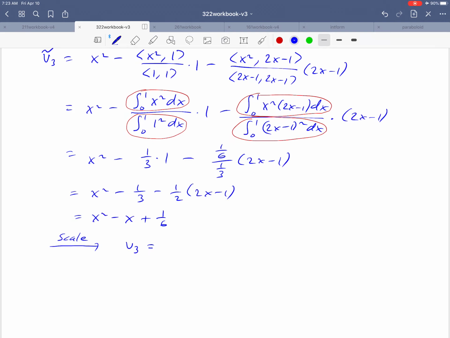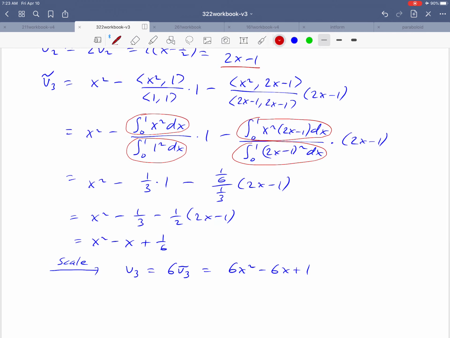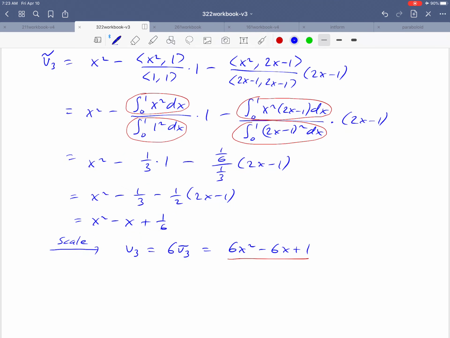And so we'll call v3 what would be a convenient thing to scale it by. In this case, multiplying by 6 would be convenient. That's going to knock out that 1/6. And so if we multiply our v3 tilde through by that, we're going to get 6x squared minus 6x plus 1. Okay, and so there is our third and final vector, and we have built ourselves an orthogonal basis, which looks like the following.